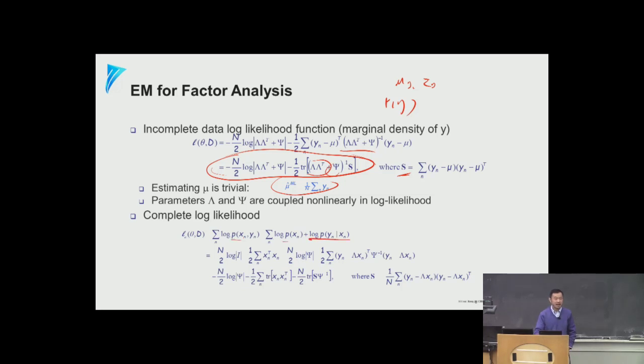We pretend that x is observed, just like in the mixture model algorithm, where we pretend the labels are known, right? And then we can write down a complete log likelihood in a way that is hopefully simpler. Okay? It's a little bit simpler than the other one.